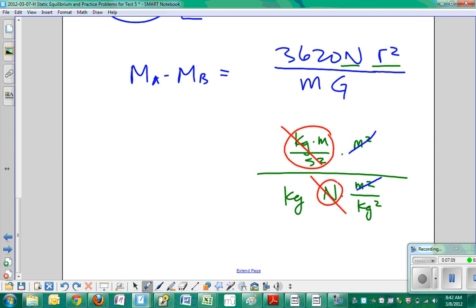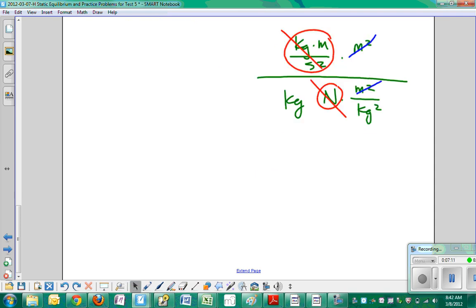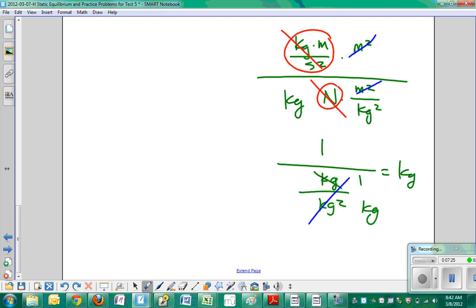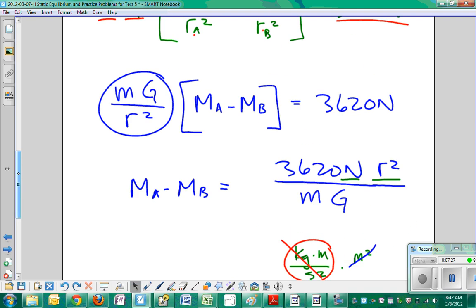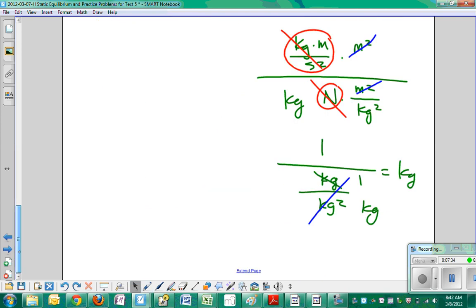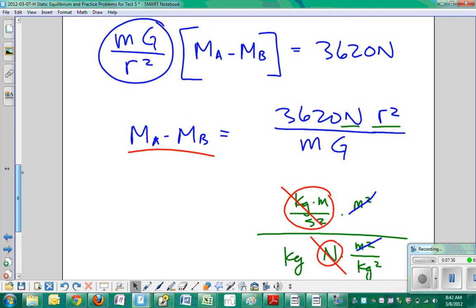What we have is 1 over kilograms squared, which gives us 1 over kilograms. So what do we end up with? Kilograms, which is what we're looking for because we're looking for mass. So doing the dimensional analysis was more work than the whole problem itself. Now all we have to do is plug and chug.